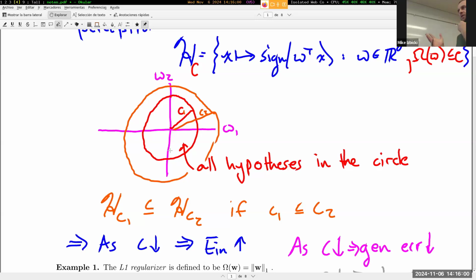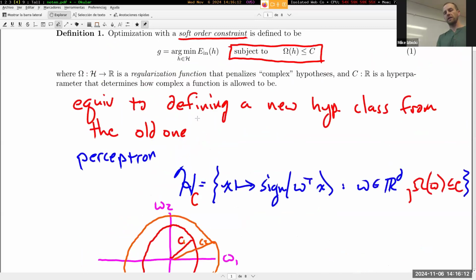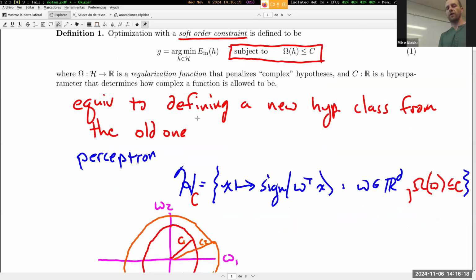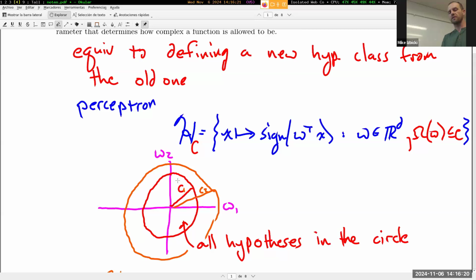Framed that way, there's not a really good explanation about why that's the case. We'll see that this version of regularization is equivalent to some other definitions in a little bit, which may draw that link for us, but it's not obvious why we should consider a W value over here to be a more complex thing than a W value over here.